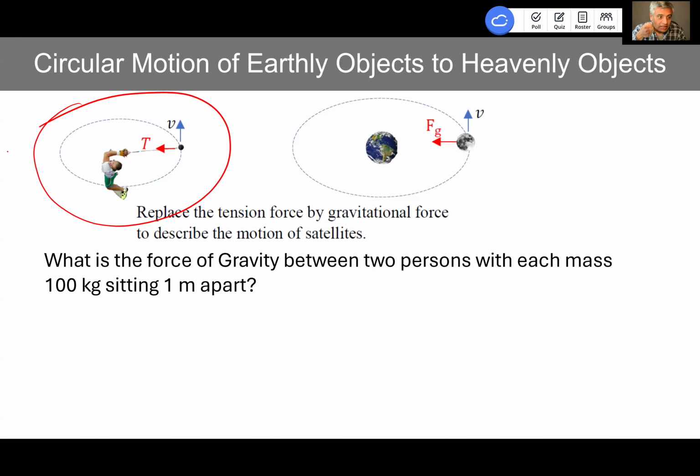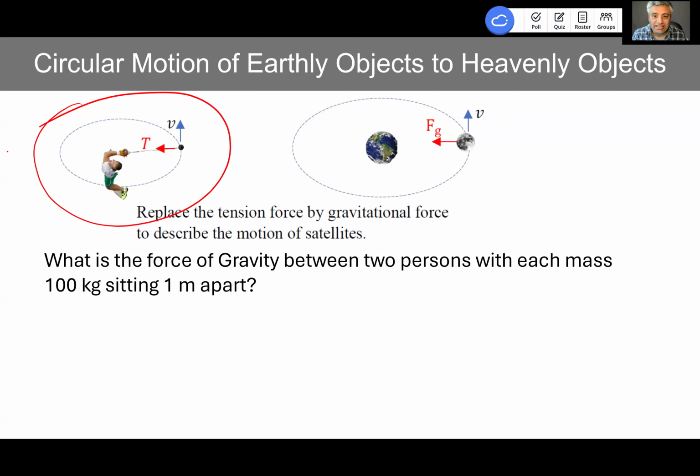But why is this going in a circle? Because the tension in the string is keeping this mass in a circle. If I let this string go, or if I were to cut this string, the mass is just going to fly straight. It's not going to go in a circle.